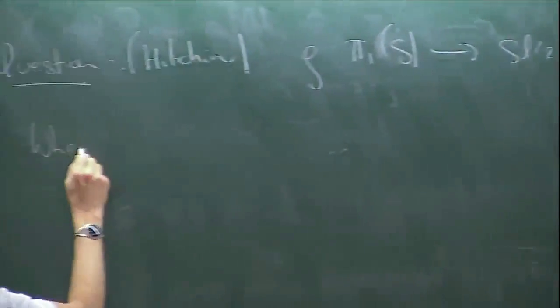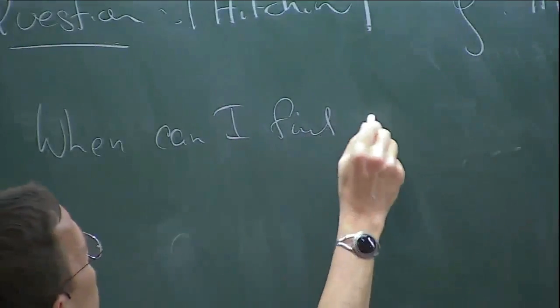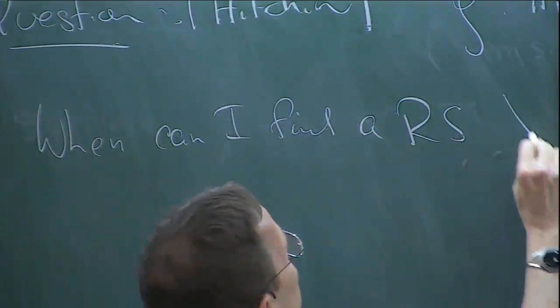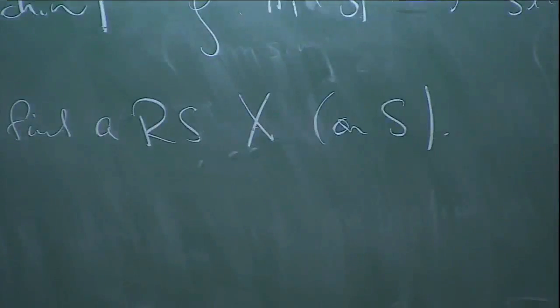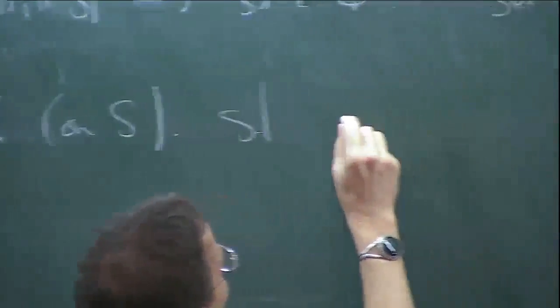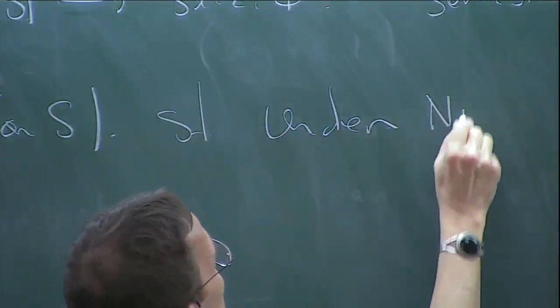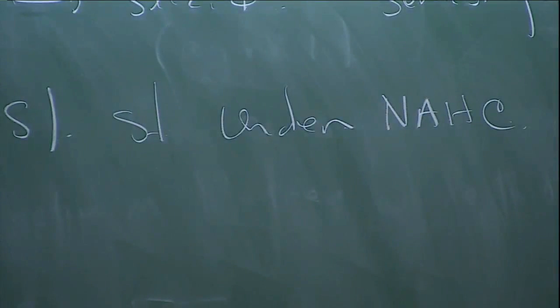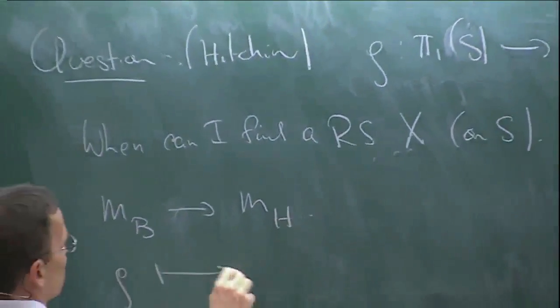Okay, and the question is, when can I find a Riemann surface structure on S such that, under the non-abelian Hodge correspondence, M Betti goes to M Higgs, so my rho goes to a Higgs bundle over here?